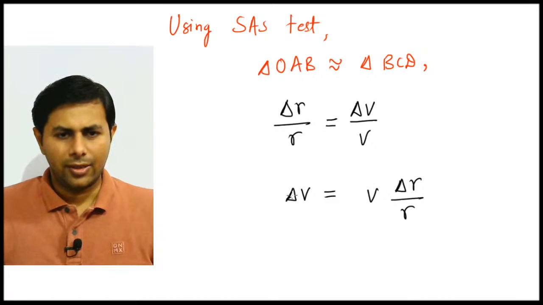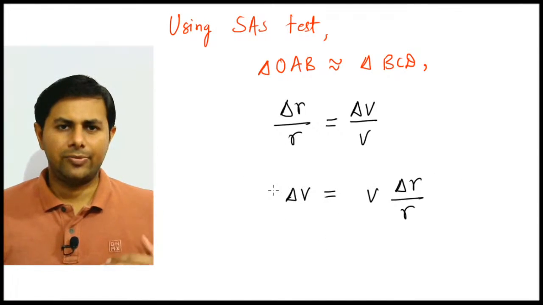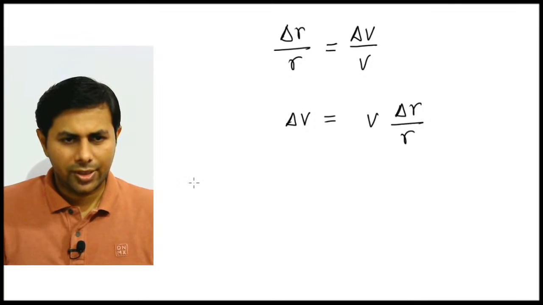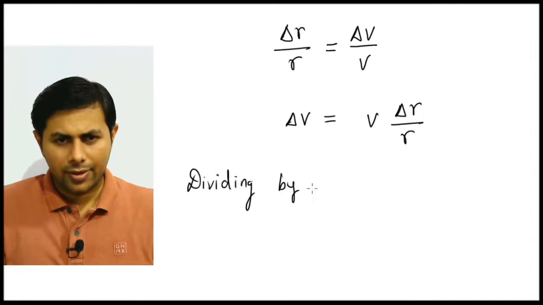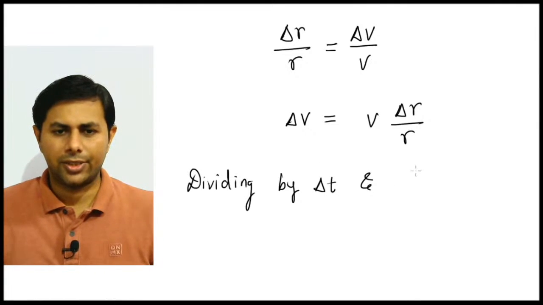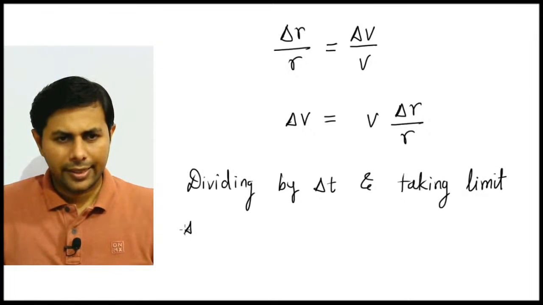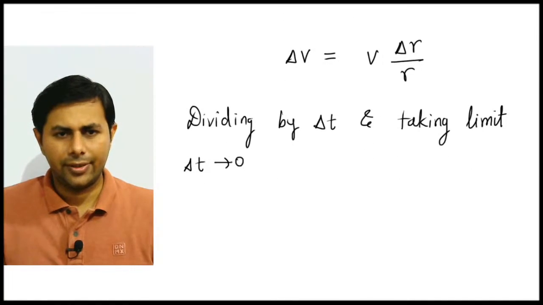Then what I can do is divide both sides of this equation by delta T. So dividing by delta t and taking the limit delta t tends to 0, what do we get?